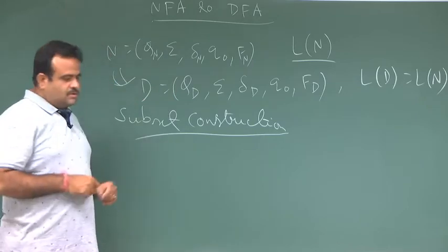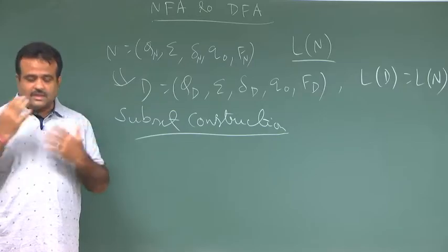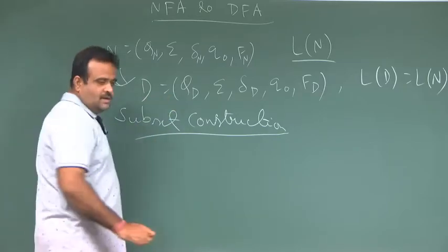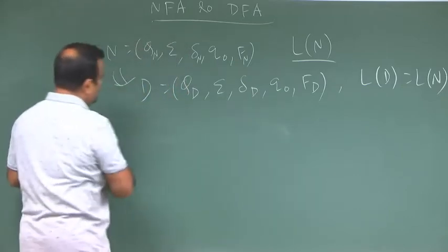So, how can we do that? Basically, we have to take the given NFA, and the DFA's Q is nothing but the set of all possible states, the subsets.